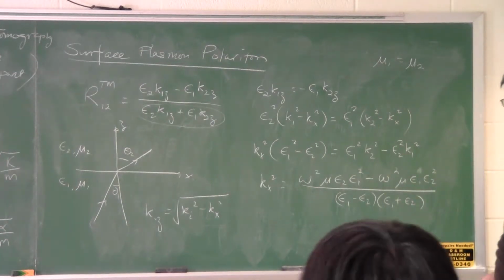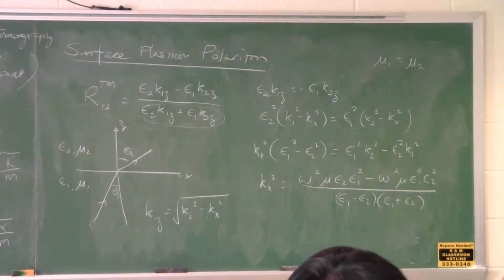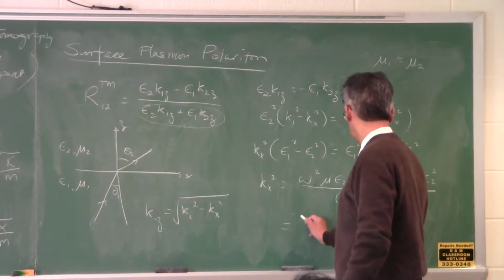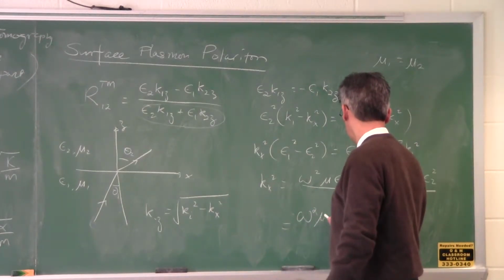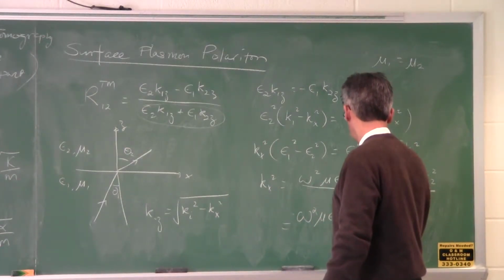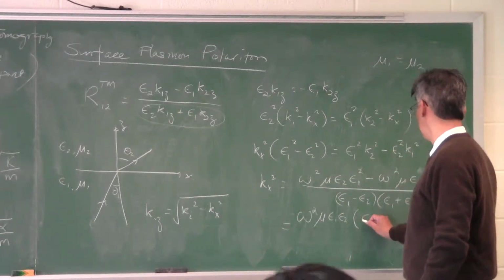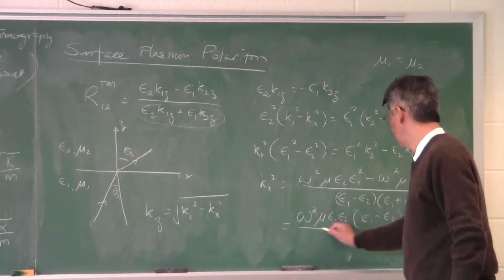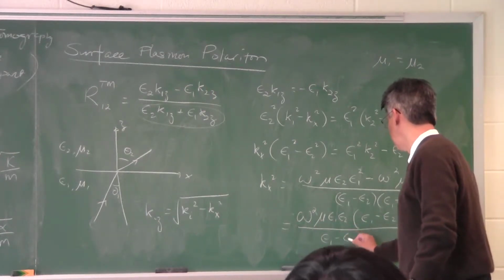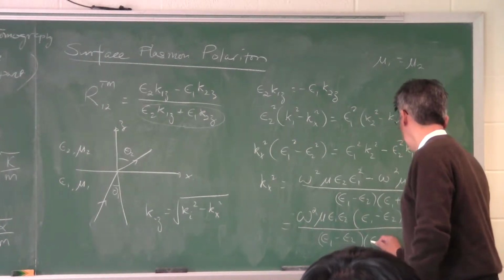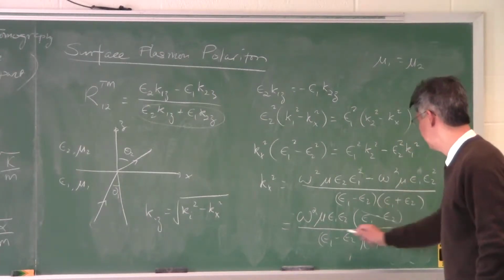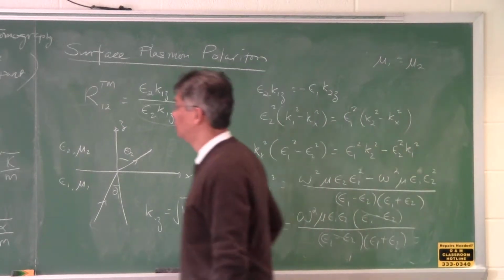So this is right now, I think. So I can pull out a common factor, and then I will have epsilon 1 minus epsilon 2 in the numerator, and epsilon 1 minus epsilon 2, epsilon 1 plus epsilon 2 in the denominator. And then these cancel each other. I have the Brewster angle formula.